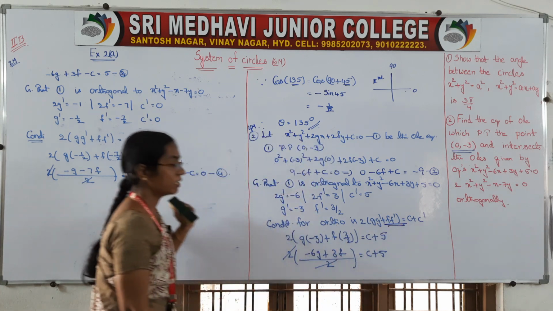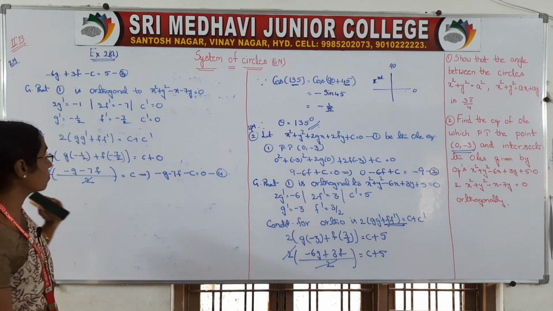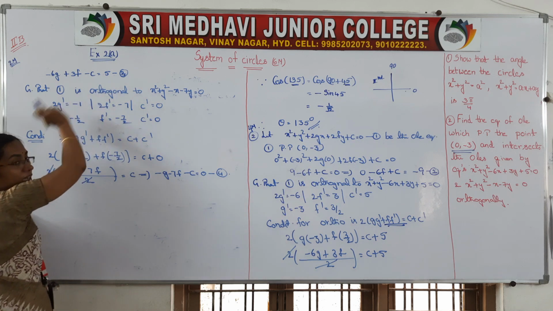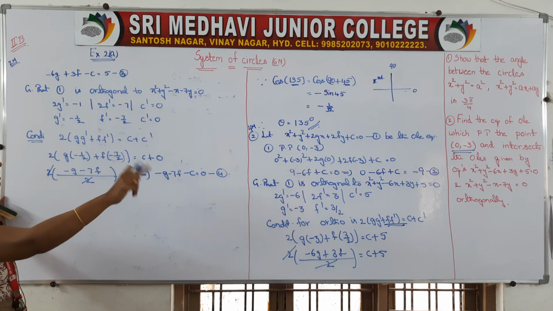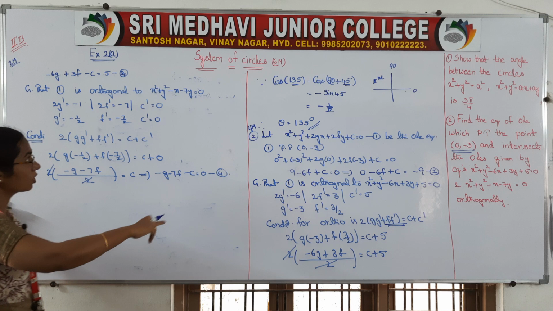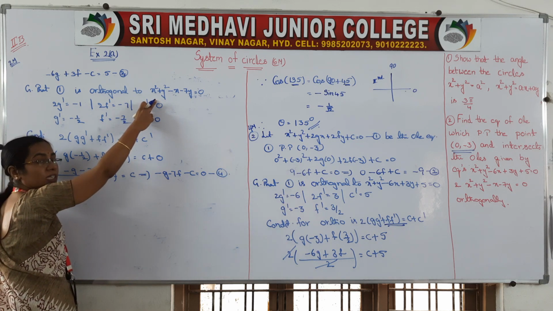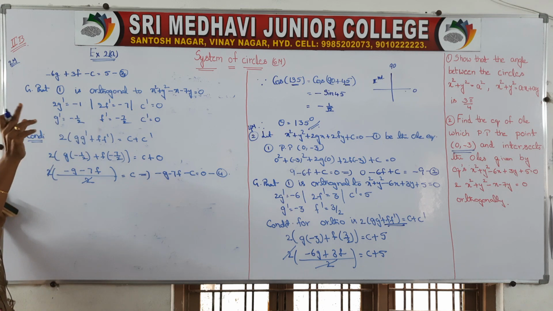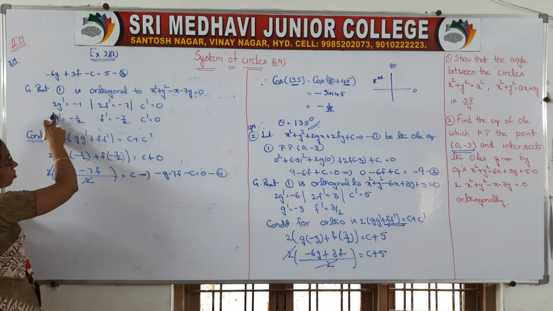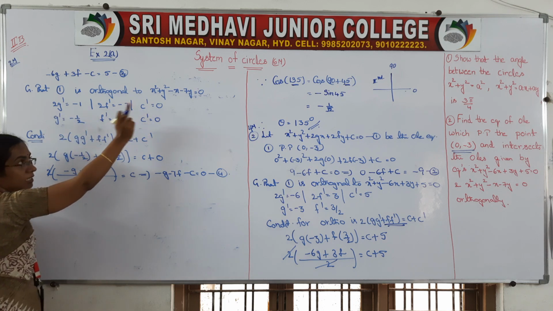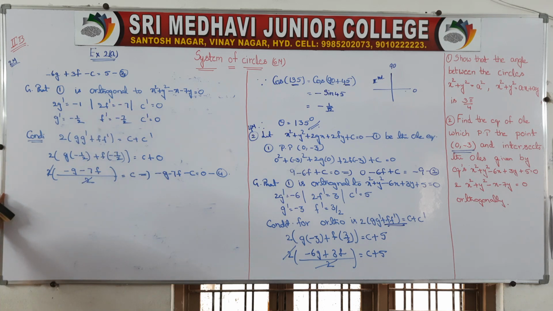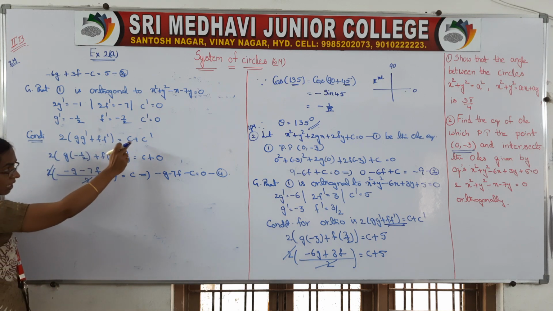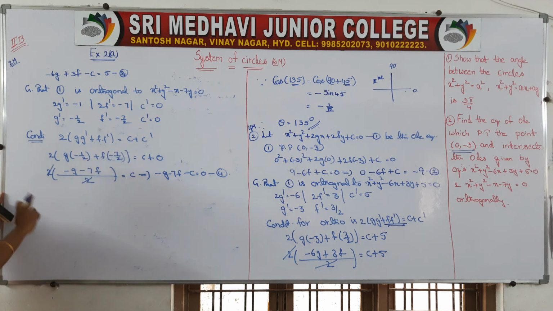In that condition you substitute, you will get one equation. Similarly, it is given in the question that it is orthogonal to one more circle. Whenever a circle is orthogonal to one circle, we have to compare that circle with S dash is equal to 0. So 2g dash, 2f dash and c dash we will get, right? So the condition is 2 into gg dash plus ff dash is equal to c plus c dash.